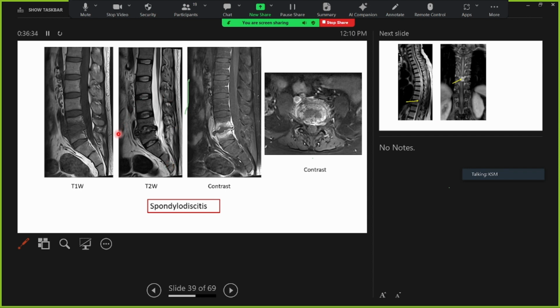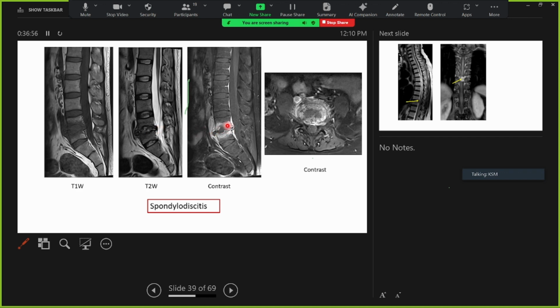So this is a patient with spondylodiscitis. You can see there are altered signal intensities in the L4, L5 discs. You can see in this T1, there is a loss of fatty marrow here and irregular outline. Here you can see T2 again. The disc is edematous and bulging either side.